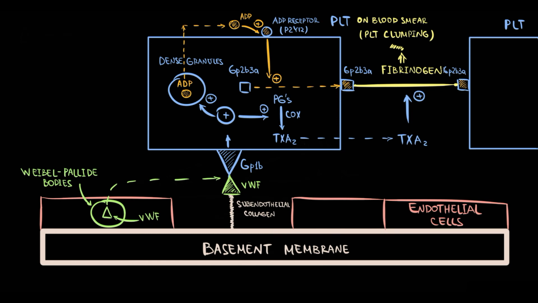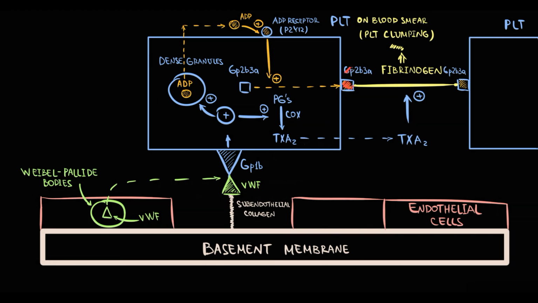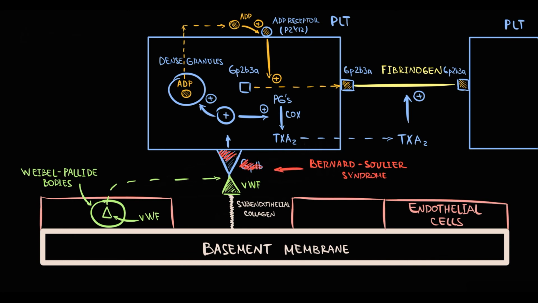But in this case, because the GP2B3A receptor is broken, fibrinogen cannot bind these two platelets, so there will be no platelet clumping at all. So as we see, the major difference between these two disorders is the stage of primary hemostasis that they disrupt. Bernard-Soulier syndrome disrupts platelet adhesion. Glanzmann thrombasthenia disrupts platelet aggregation, but everything else is similar.